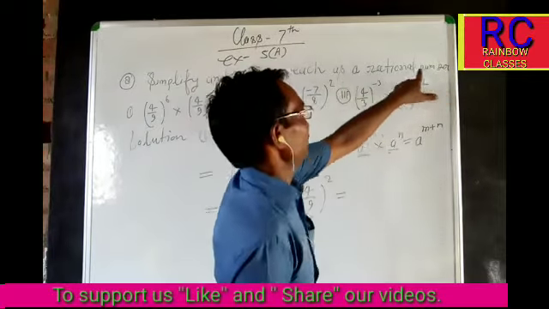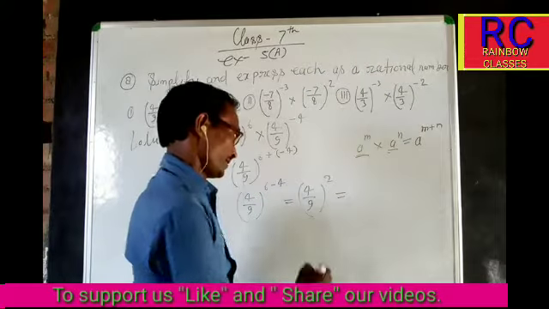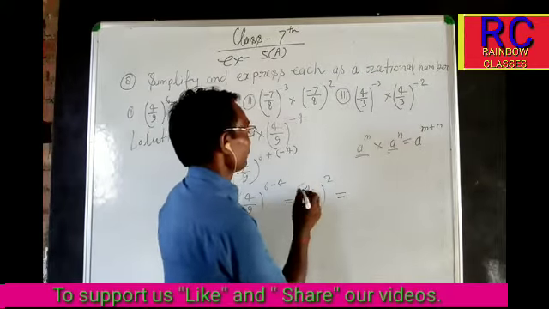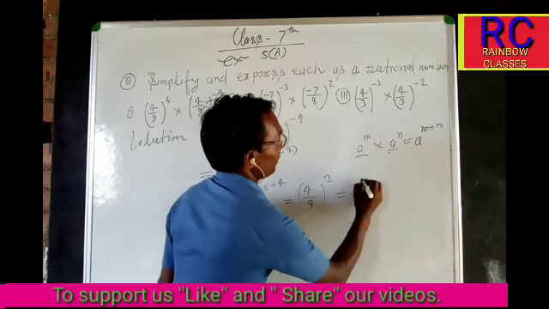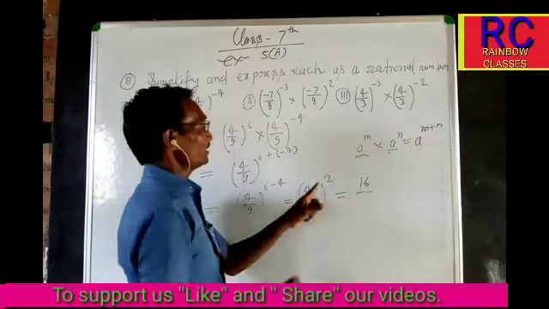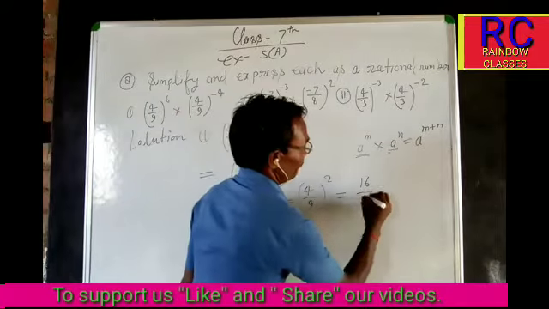We convert it to a rational number, so 4 squared is 4 into 4, 16, and 9 squared is 9 into 9, 81.